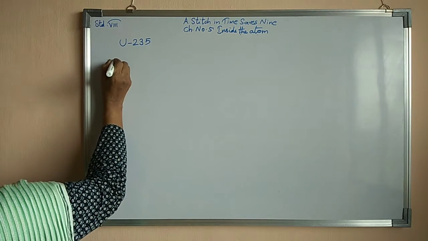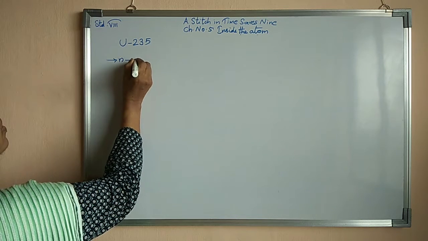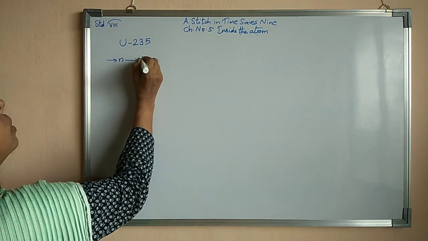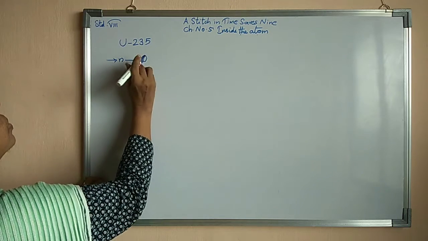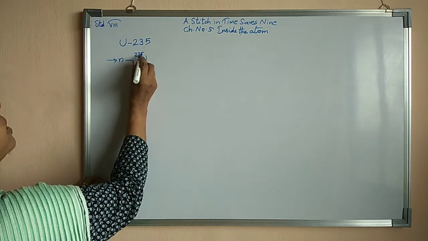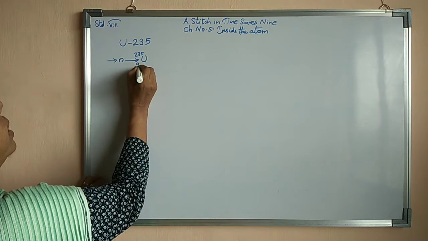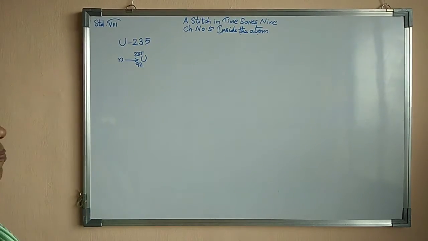First they are bombarding a neutron with uranium-235. Its mass number is 235, atomic number is 92.